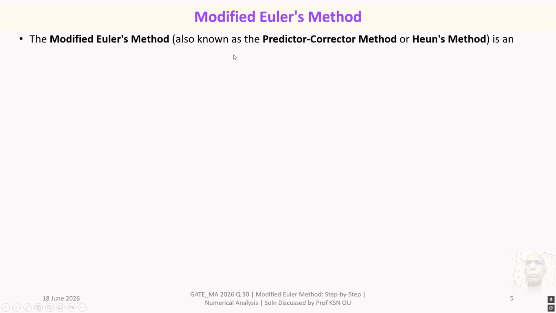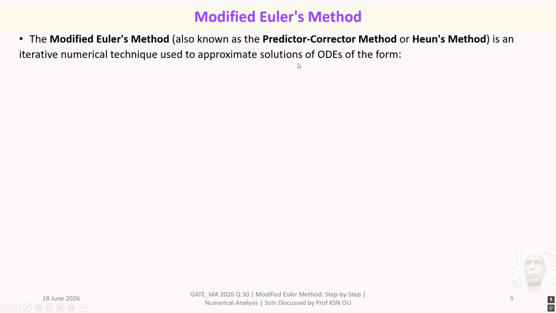This method is also known as the Predictor-Corrector method or Heun's method. It is an iterative numerical technique used to approximate the solutions of ordinary differential equations of the form dy by dx is equal to f of x comma y with initial condition y at x naught is equal to y naught.